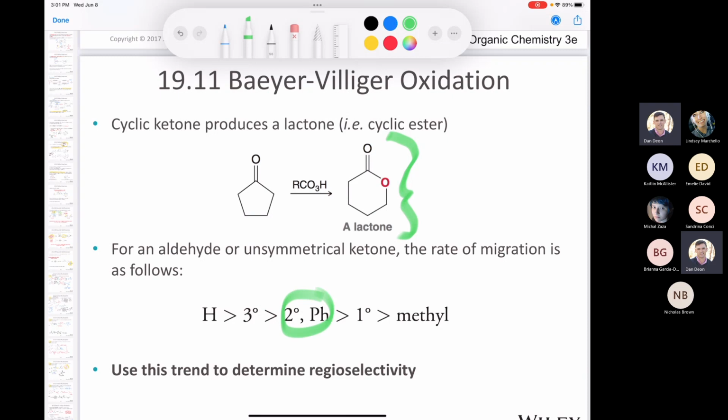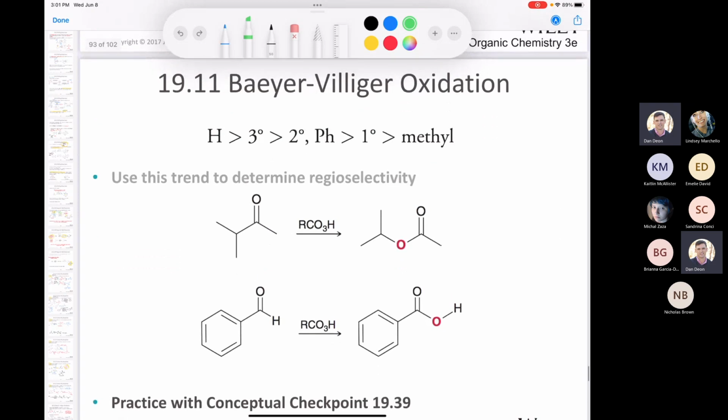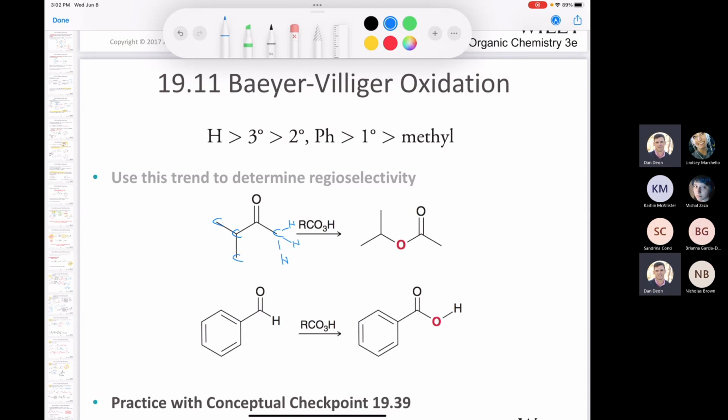Of course not. It's not my job to try to confuse you. It's just the migratory aptitude that we need to know. So we use this trend to determine where the oxygen is going to go. What's the regioselectivity? If you look at these two examples here, we see that this carbon is attached to 3 hydrogens, whereas this carbon is attached to 2 carbons going out from my carbonyl.